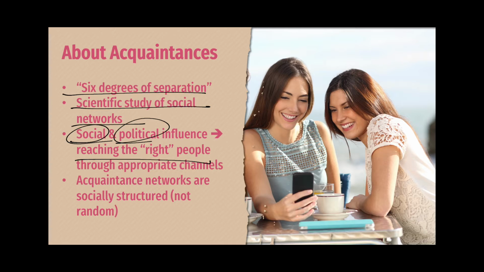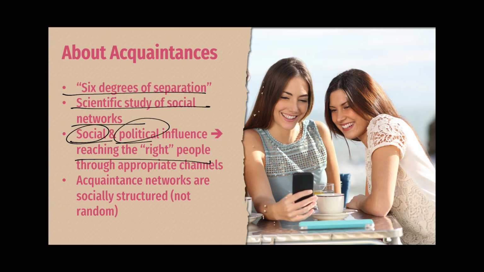For instance, if you are a famous person or an influencer, then it would be easier for you to reach out to a person that you need, regardless of whether you know them personally or not, compared to a person who is relatively not famous, doesn't have a high position in society, and is not very influential. It will be quite harder for that person to reach the person they want to reach.